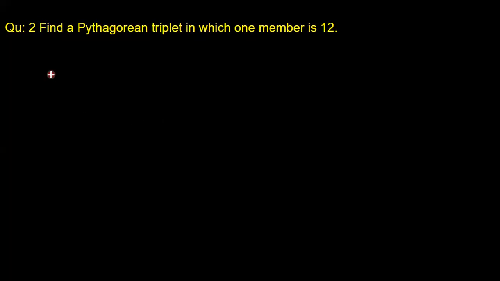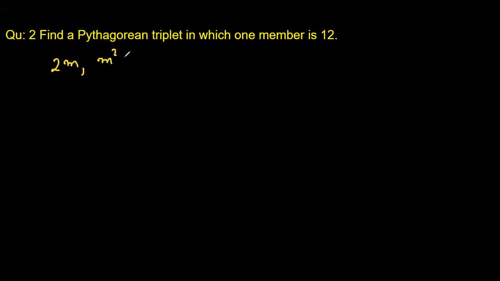Now let's take another question. We have to find a Pythagorean triplet in which one member is 12. So you will be given one member, and you will be asked to find the other members. You have already understood that the three members in a Pythagorean triplet can be written in the form of 2m, m square minus 1, and m square plus 1.